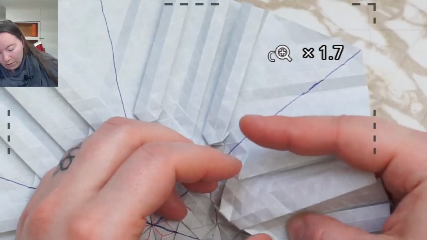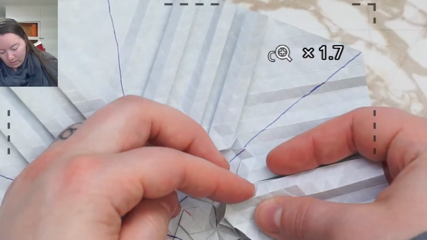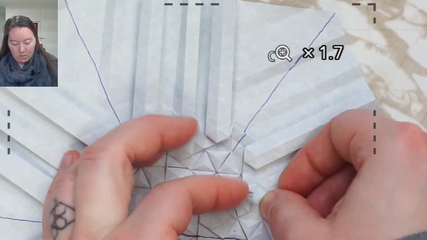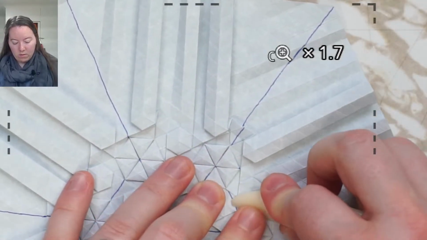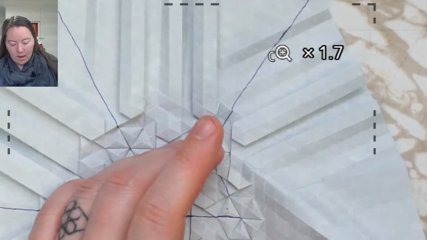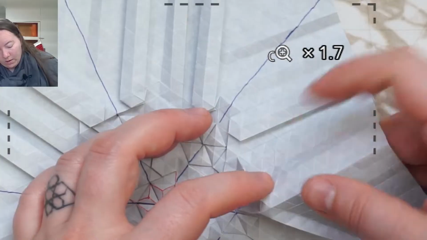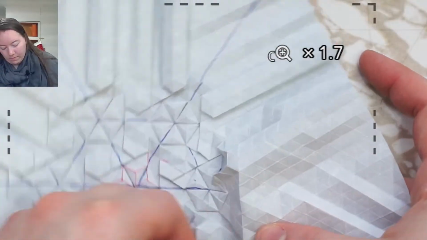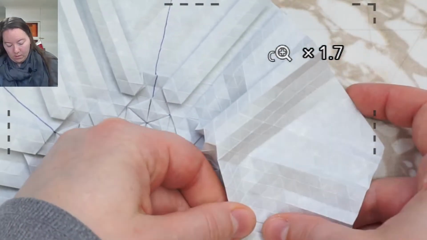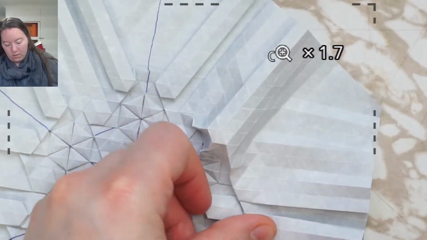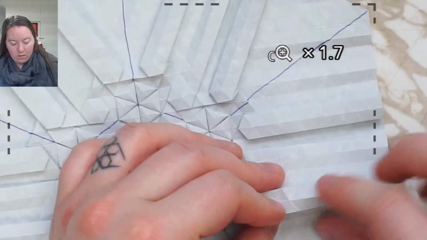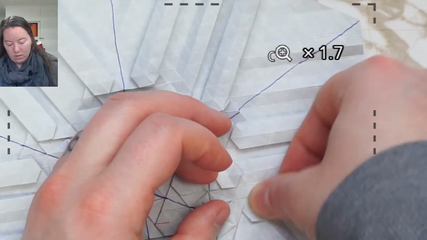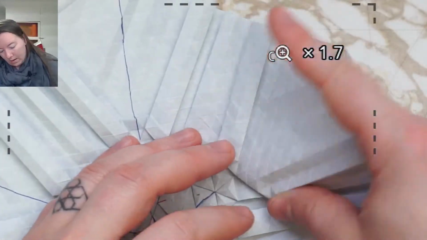And then we can resolve the rest of our whole hexagon. And then another half hexagon, a second half hexagon.